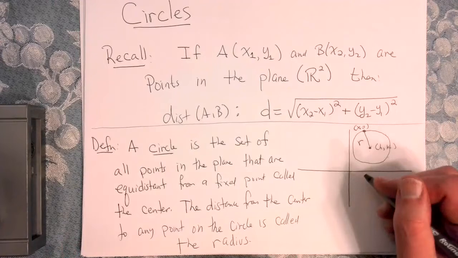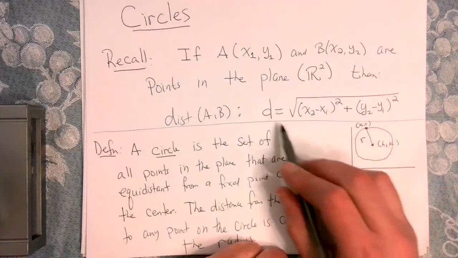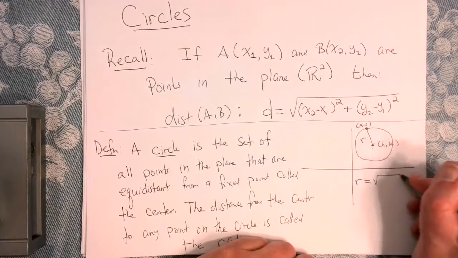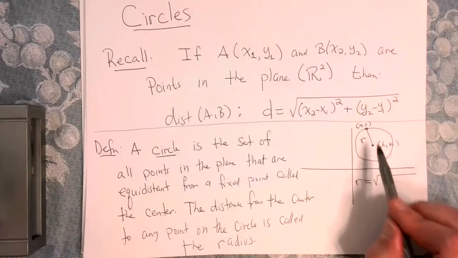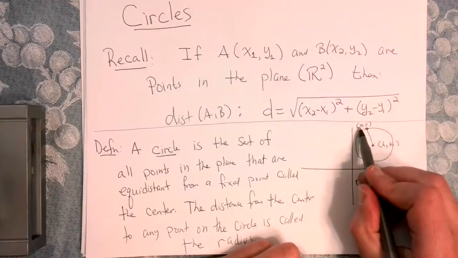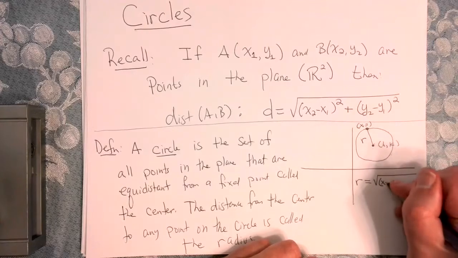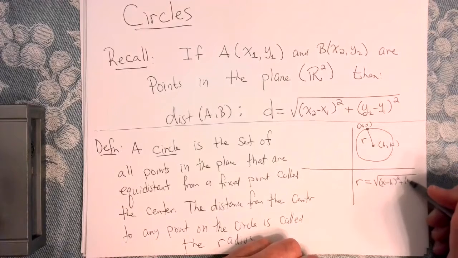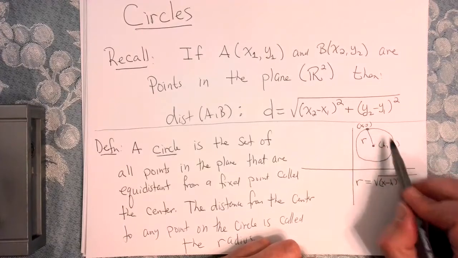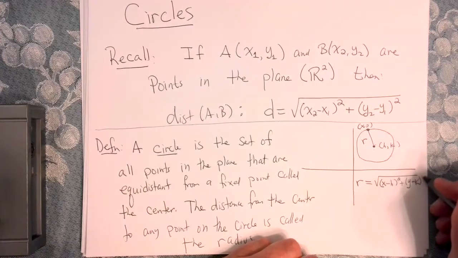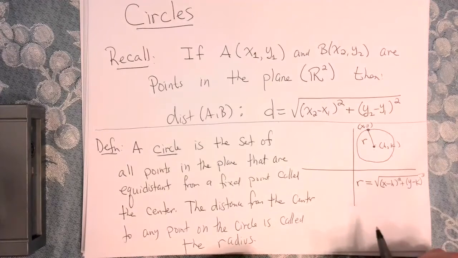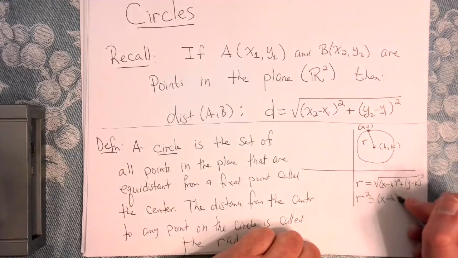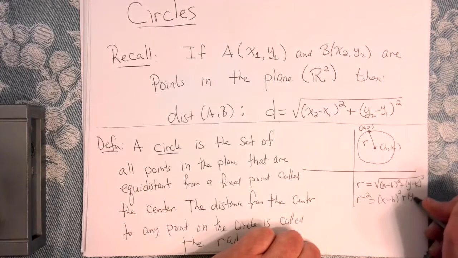Okay, so the radius, that's our distance. So let's plug radius in for distance. We want this radius to be fixed. That's the distance from any point on the circle to the center. So that would be the square root of (x2 minus x1) quantity squared plus (y2 minus y1) quantity squared. And if I square both sides, I'm going to get our form of a circle.